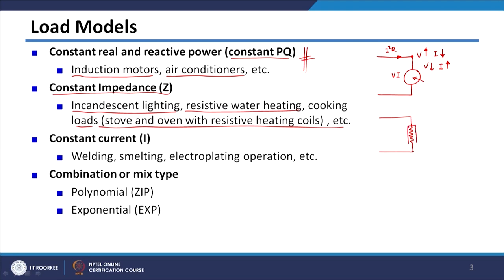The impedance of this device is constant. So, in this case, since impedance remains constant, your current will be just voltage divided by your impedance, which is constant. When your voltage goes up, your current also goes up in this model, and when voltage goes down, current also goes down, which is exactly opposite of your constant PQ kind of load.